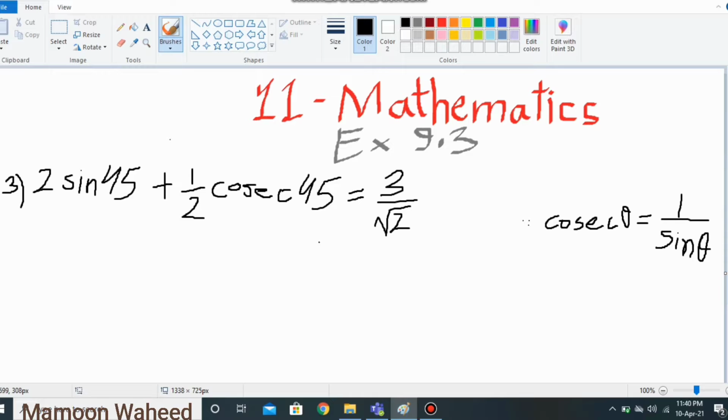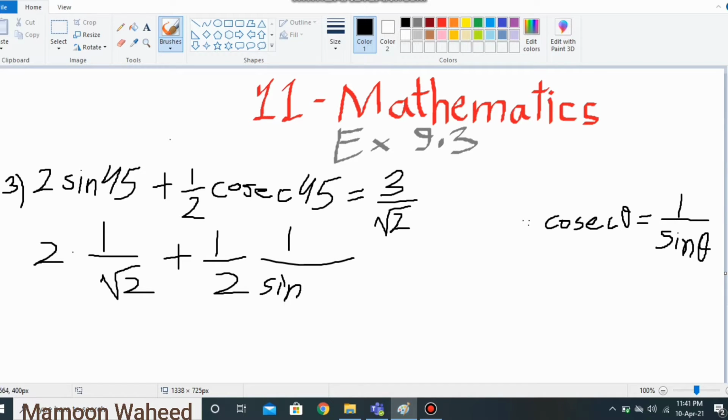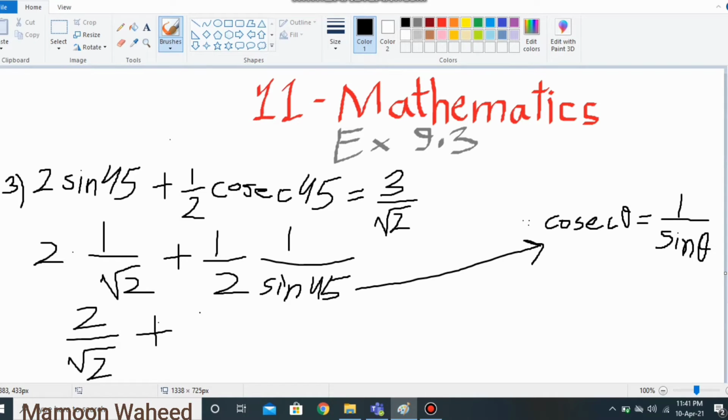So putting the values, sine 45 equals 1 over square root 2, 2 into, so putting the value of sine 45 again, it will be equal to square root 2 over 1 or simply square root 2.